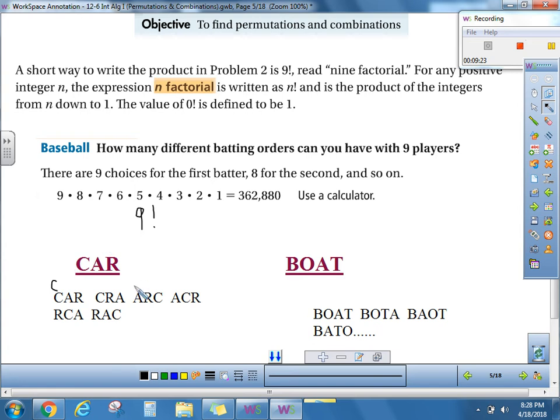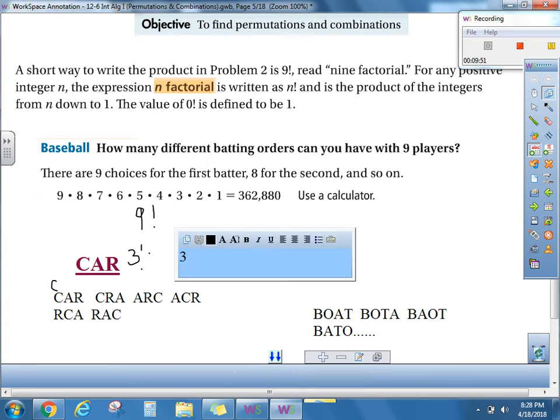So here we have 3 letters that we're trying to rearrange, and we got 6. And so all we're doing is taking 3 factorial, which is 3 times 2 times 1, which gives me 6 different options.